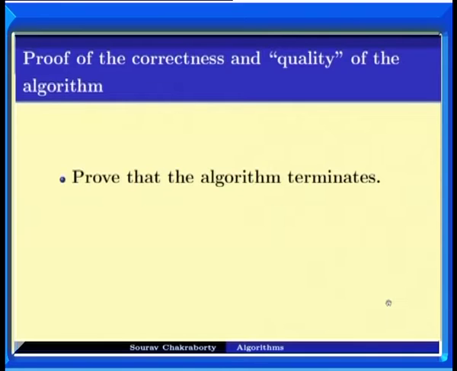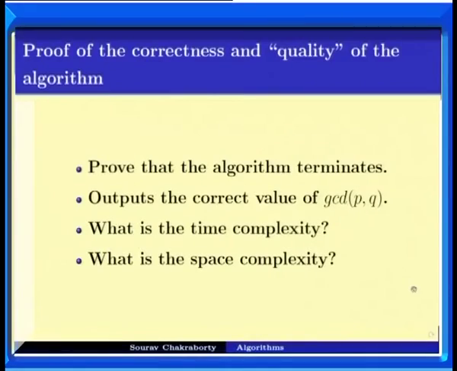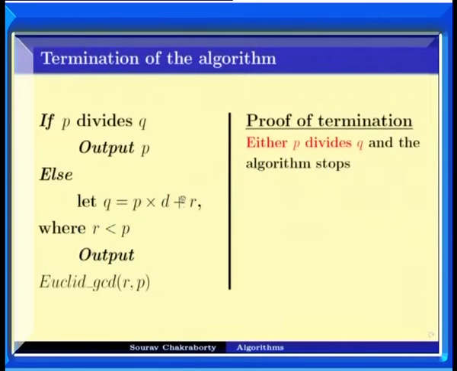So this particular proof requires some hard work. The second one is to prove that it outputs the right value. Then we have to understand its time complexity and its space complexity.